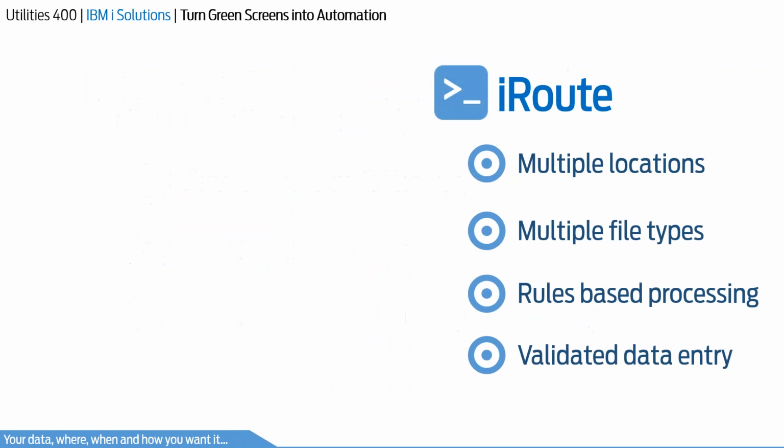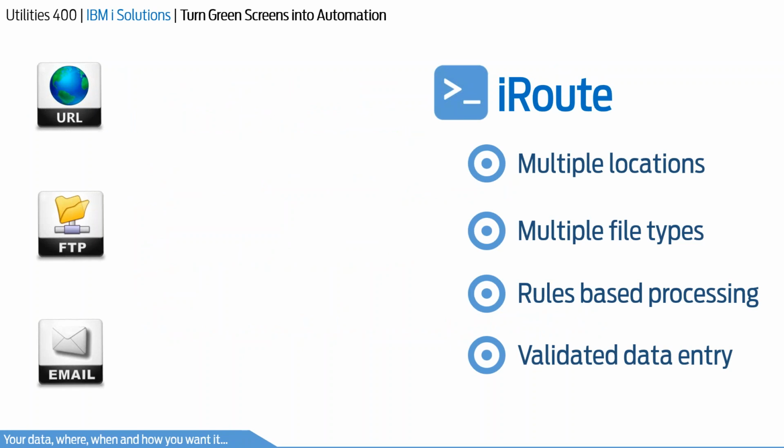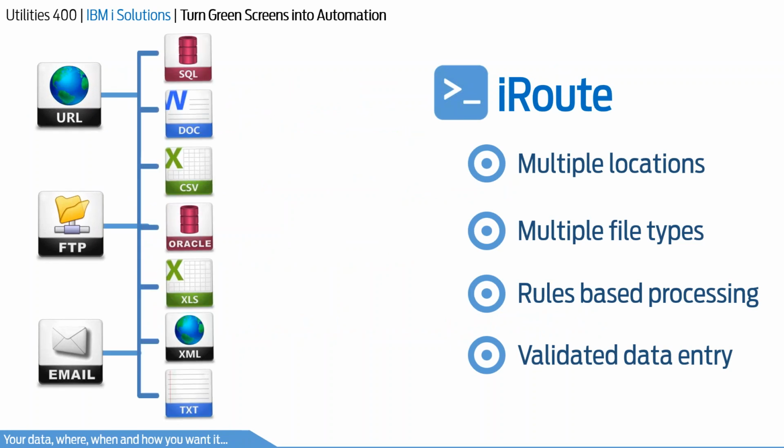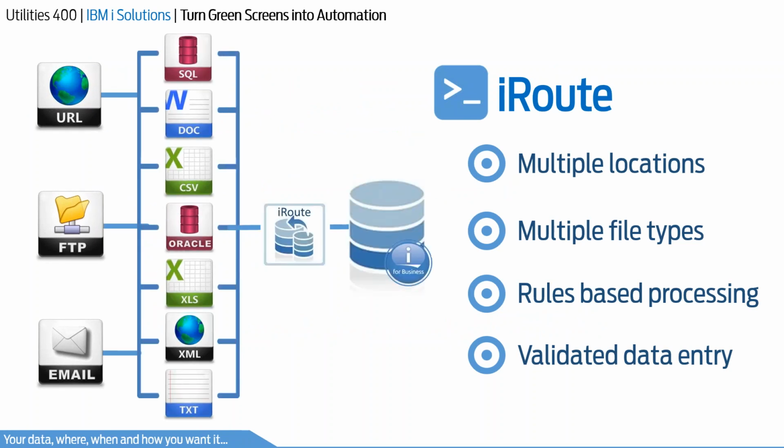Now, before we go into the demonstration, Jacqueline mentioned another solution from our portfolio there, Iroute. While IKEA is our virtual terminal to input data on the IBM I, we have a companion product called Iroute that will import multiple file types from many different sources for automated pass with validation to your IBM I enterprise systems.